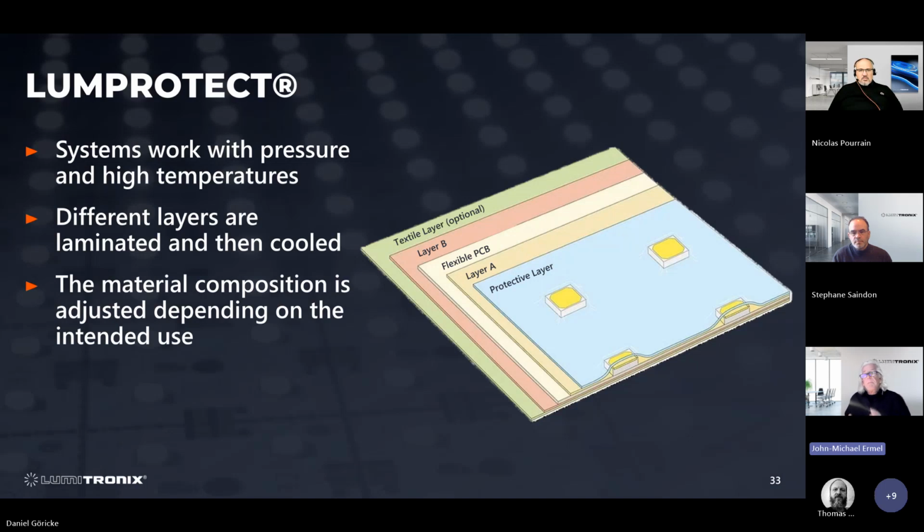The makeup of that is very flexible, but essentially you're taking your flexible board and having a layer above and below it with a protective layer then on top. And should you want a textile backing or other type of material, that's possible.